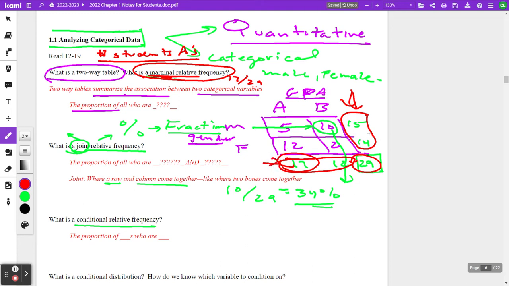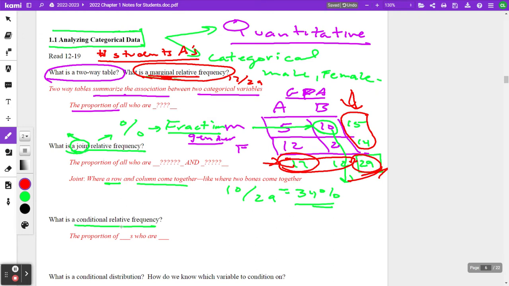Joint relative frequency is where they meet, so the leg bone meets the hip bone kind of thing. It's where your thigh bone connects to your shin bone, and you can kick somebody, you can whack them one. That's what they mean by joint relative frequency.